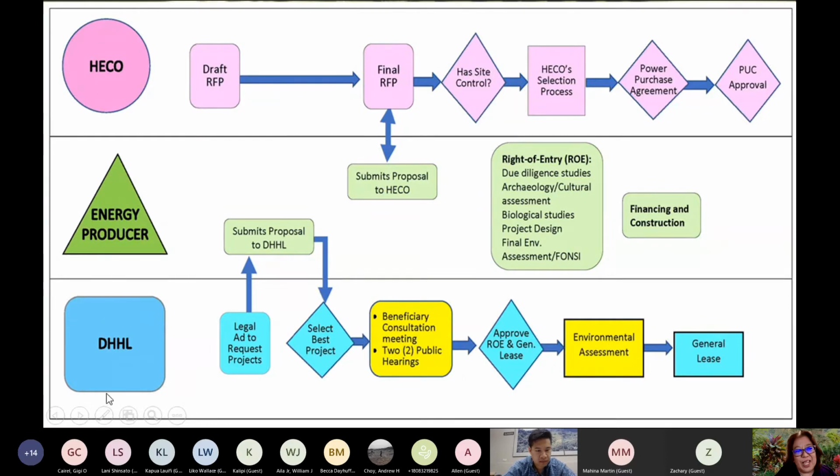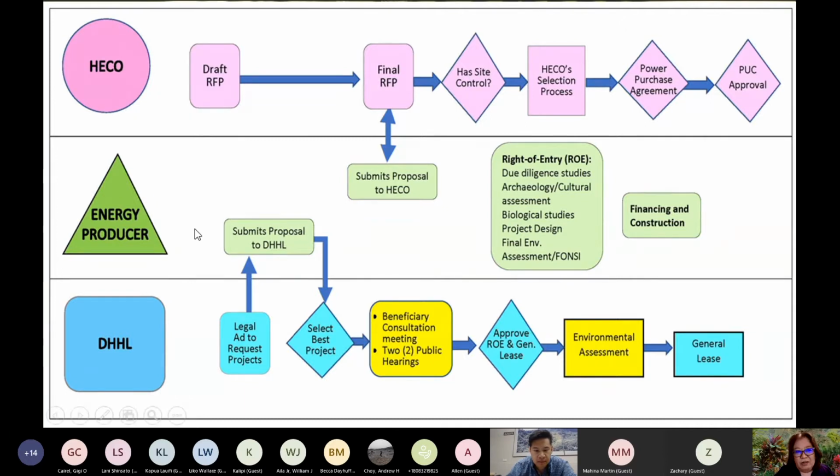This is the same 3 entities that was on the previous slide. And what this is saying is that each entity has its own process. HECO will have its own process. It's competitive. They boil it down to a smaller list, a long list, and a short list, right? They try to assess whether the company has site control, whether they have land that they can do the project on, and so they have a long process that they go through.